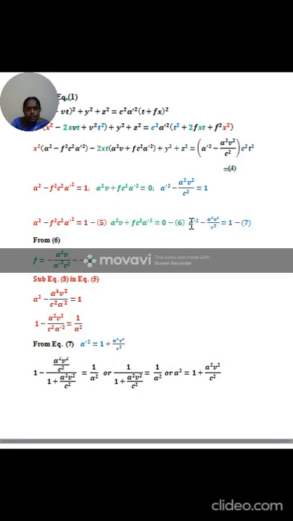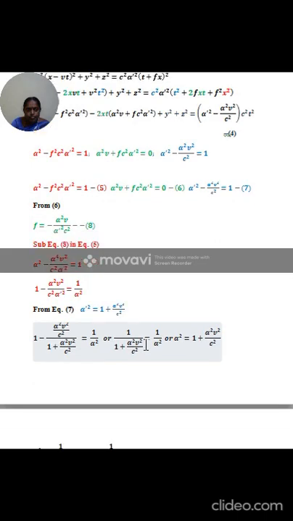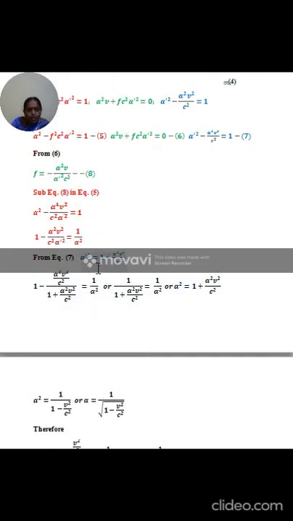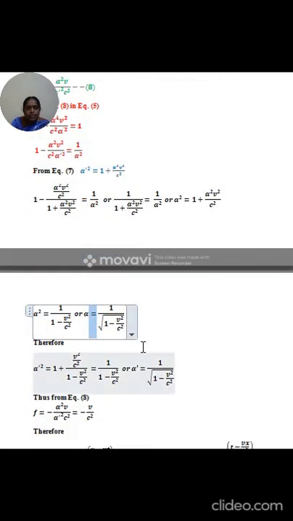From equation 7, alpha prime squared can be written as 1 plus this term. Now we'll substitute the value of alpha prime squared from this here, and simplifying, we get alpha to be equal to 1 by root of 1 minus v squared by c squared.